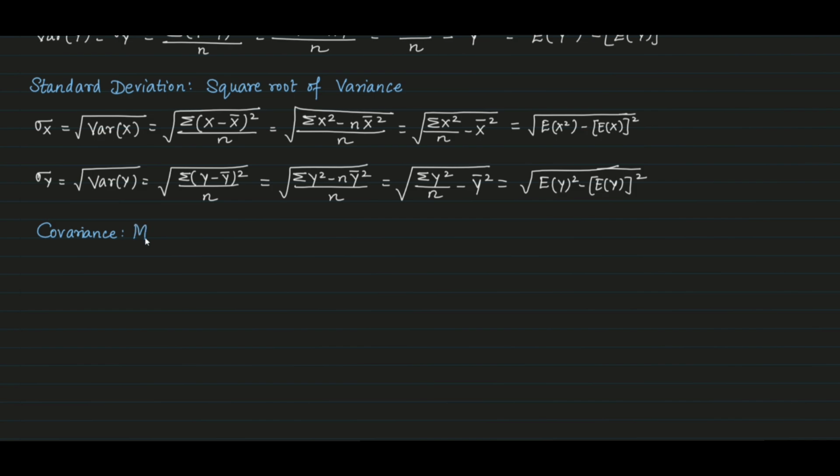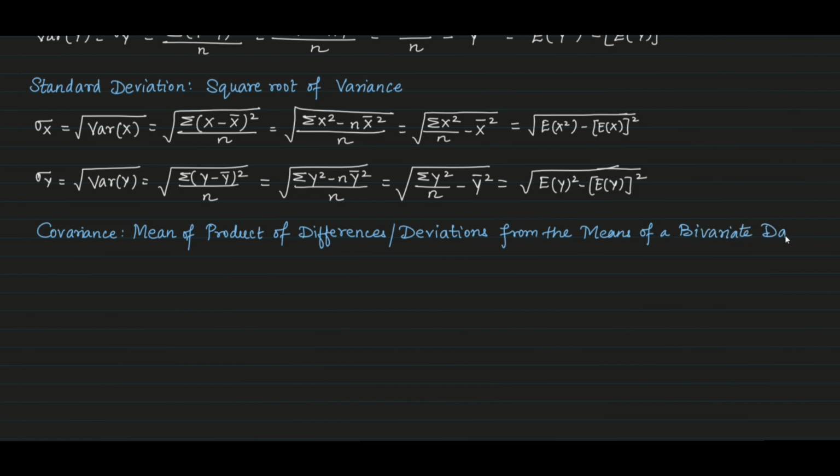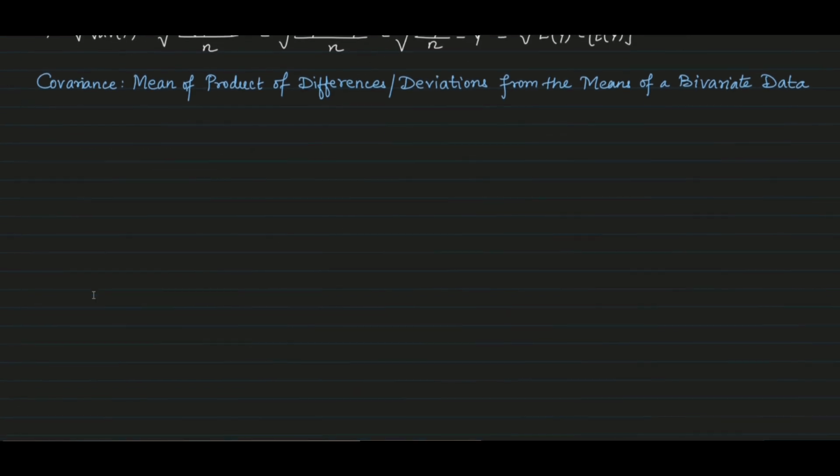Basically, covariance is the mean of the product of differences or deviations from the means of a bivariate dataset. So we calculate the deviation from x, deviation from y, multiply, add them, and divide by the number of observations.